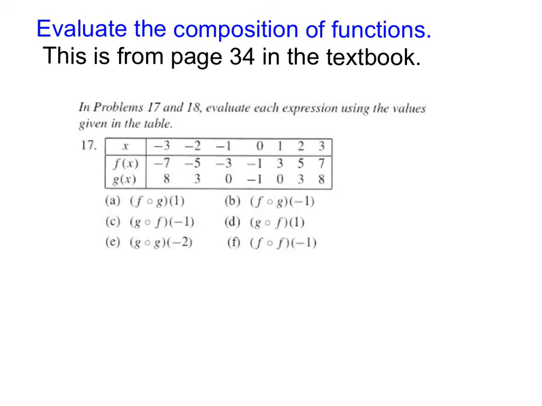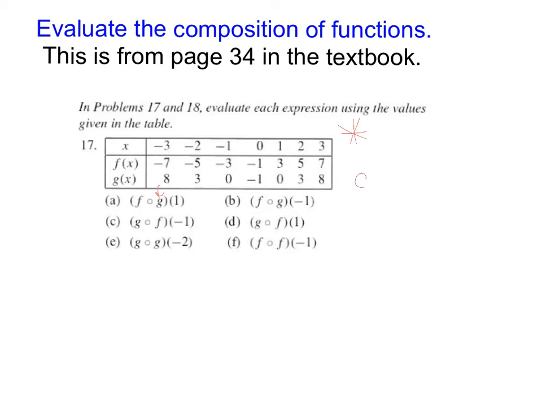All right, so these are in your textbook. I love these, I don't know why. We do a lot with tables, so getting used to this is important. Remember, we start with the one on the right, and then we do the one on the left.